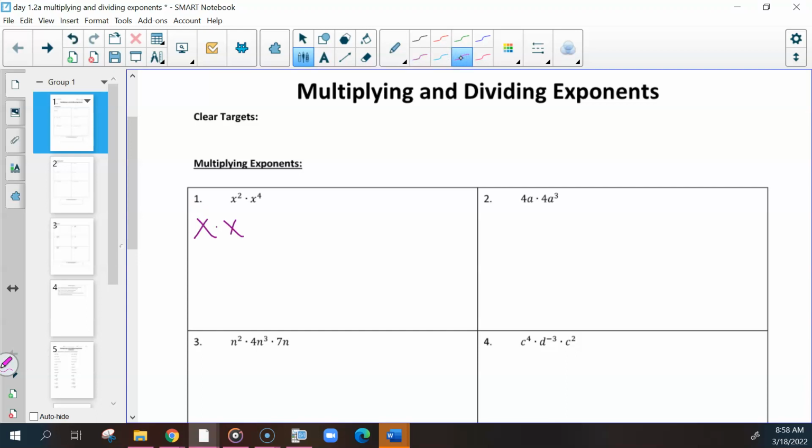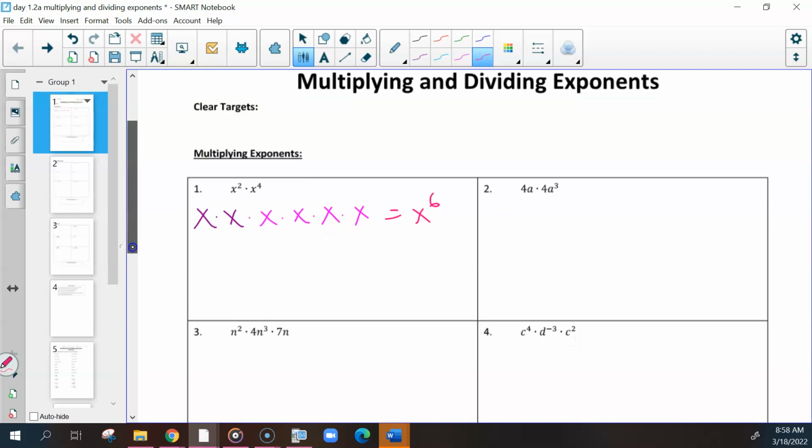If I had that times x to the 4th, that would be x times x times x. How many x's do I have altogether? 6. So that would be the equivalent of x to the 6th. We're really just adding. Now, we're going to expand one more time on number 2, but that is going to be the rule, and we'll write that here in a second.